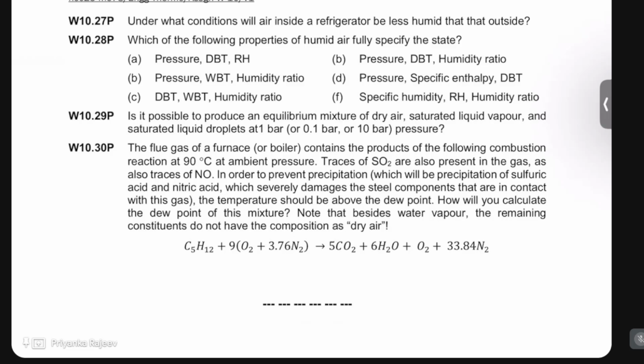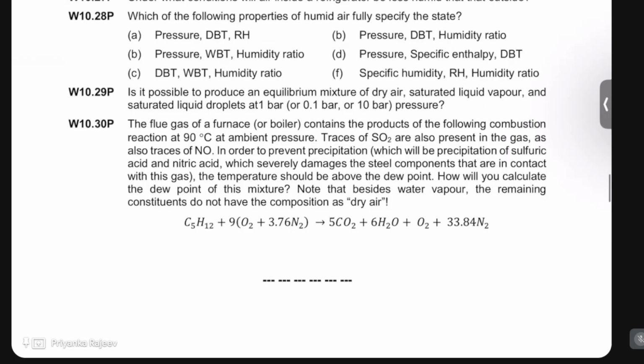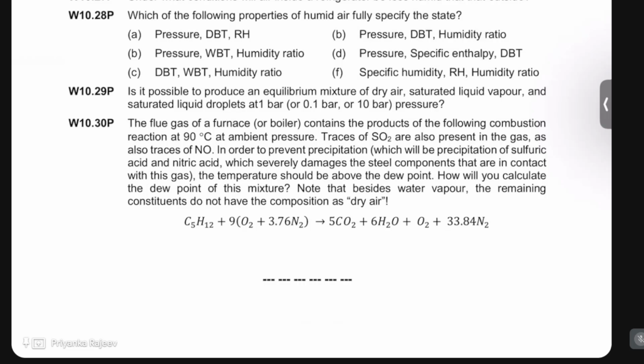Next is, which of the following properties of humid air fully specify the state? The pressure is there, DBT, RH, so there are a lot of combinations. What we have learned earlier is that to specify a state we need two independent properties. So the first one is pressure, DBT and RH.